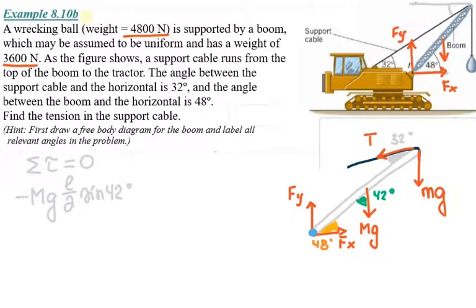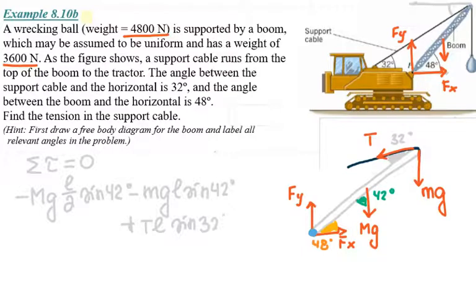And the next force I have also negative, that is capital MG, and this one is the distance L, and sine is also 42 degrees. And the last one I have tension, but that one is positive, so I have plus tension times L, and now I have sine of 32 degrees.